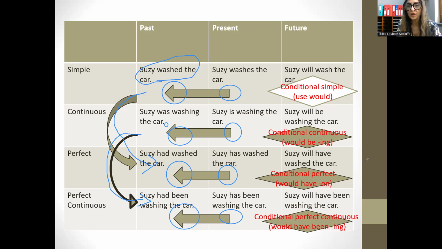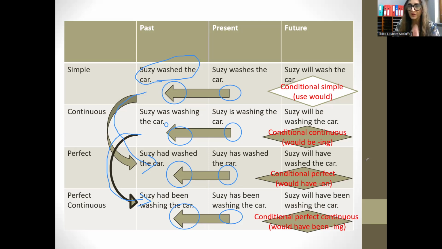So just so that you know, Susie will wash the car. If you put it one tense back, then you've got to use the conditional simple. That's the technical word for it. You don't really need to know that. What you need to know is that the auxiliary verb will, it's actually a modal, will becomes the modal would.